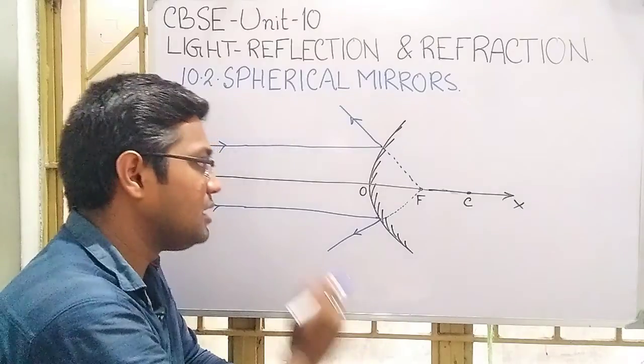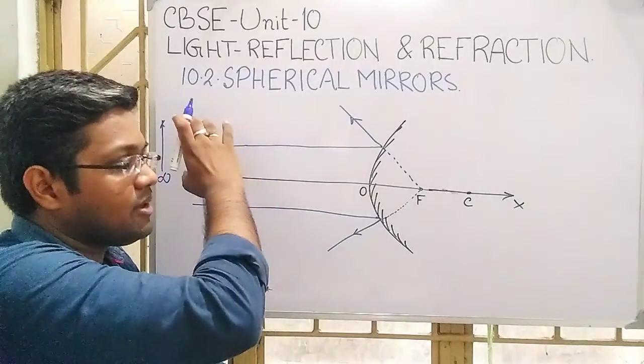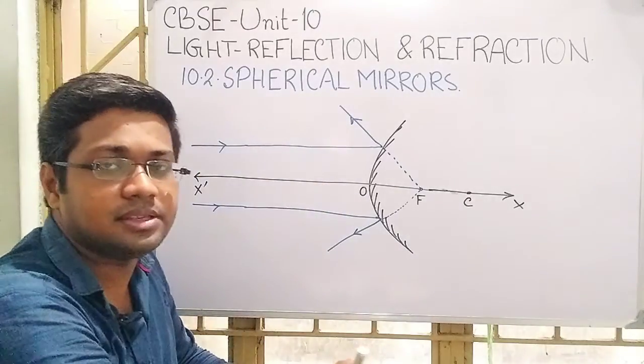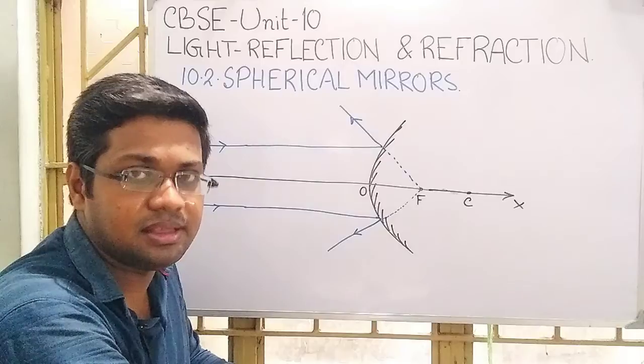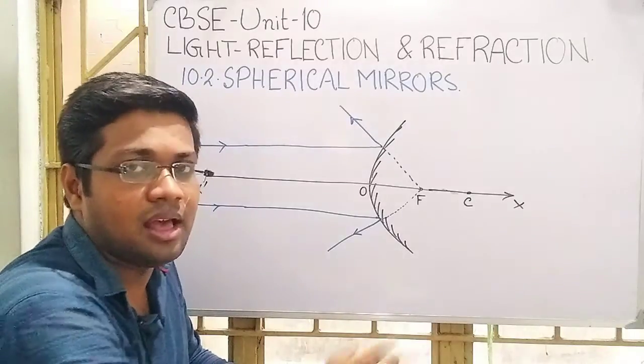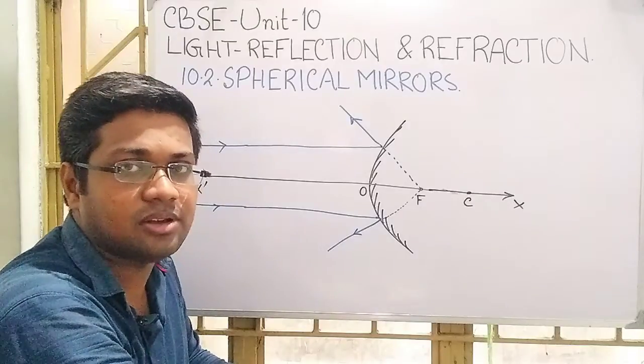But if I make oblique rays incident on this convex mirror, then we get a better understanding, and we get another two characteristics of the image.